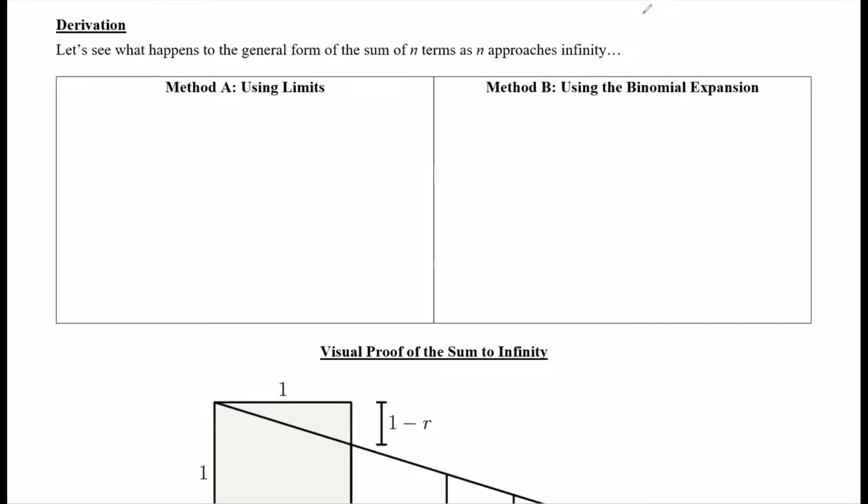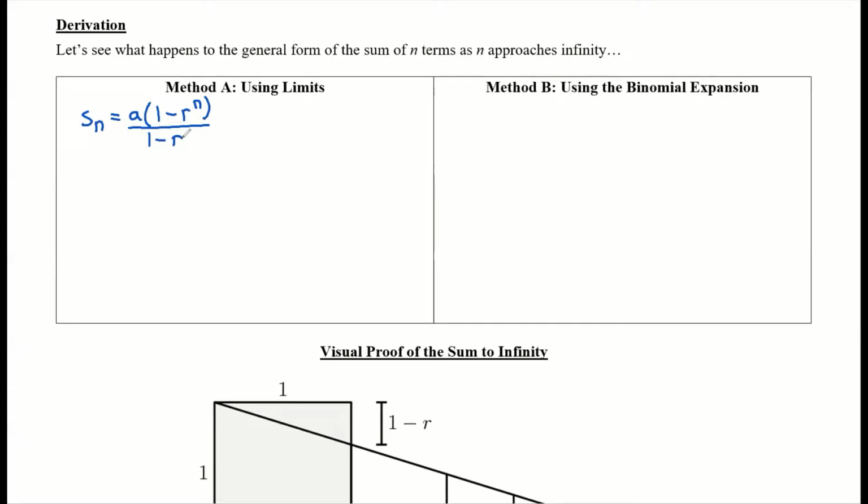Also, the sequence itself, the terms in the sequence, will converge to 0. Right, let's have a look. So let's just do it generally. So we know for any geometric series, this is the sum of n terms, isn't it?